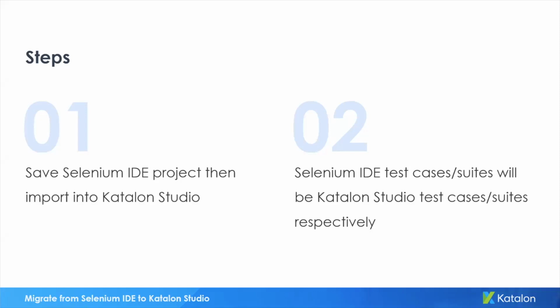That's also a repeatable process. Once we save a Selenium IDE project on a directory, we import that project within Katalon Studio. So all the Selenium IDE test cases or test suites which we saved before are directly imported into Katalon Studio. It's a straightforward two-step process.